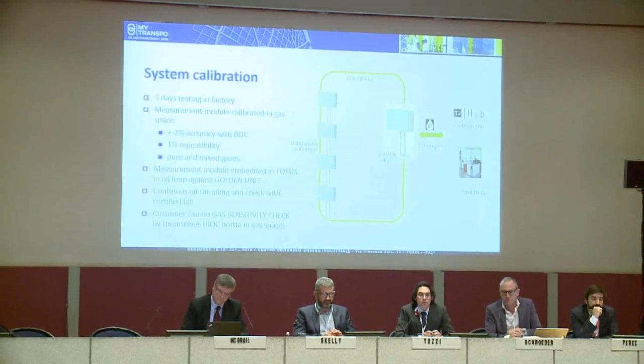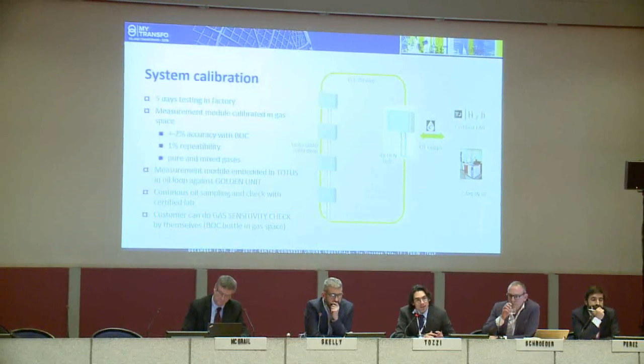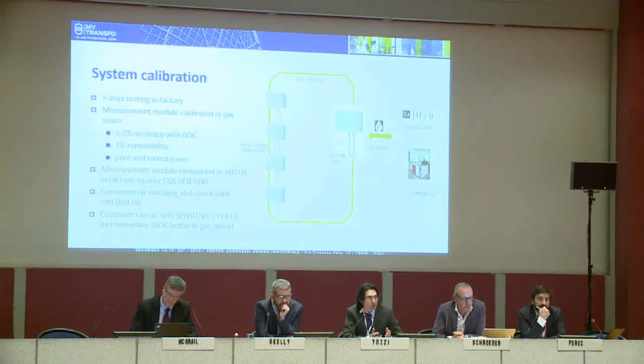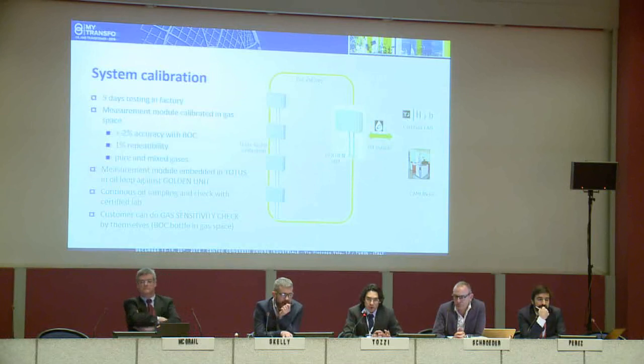There we go. So I would like to show you exactly how we calibrate the systems in our factory. A calibration in the field is not required in the normal process. But I want to show you exactly how we calibrate the systems in our factory. So basically, the test for one DGA lasts 5 days before it leaves the factory.